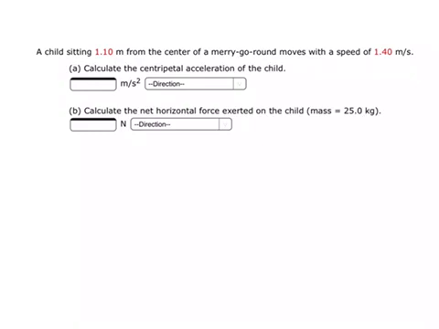So a couple things to remember is this centripetal acceleration defines the direction of the acceleration. So let's see. For part A, we're going to find the centripetal acceleration. Now the centripetal acceleration depends on the tangential velocity and the radius.